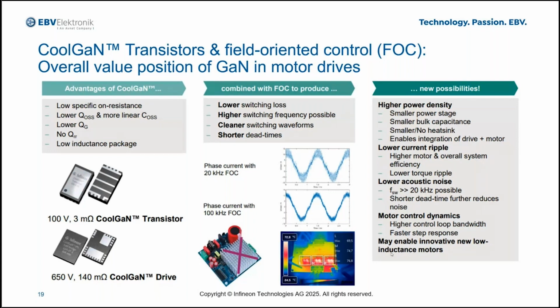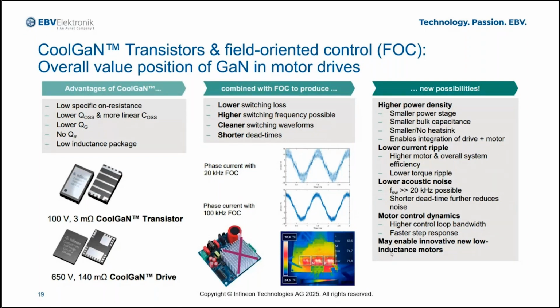So when you combine it with field-oriented control, you aim at reducing switching losses. You can target higher switching frequency. You will get cleaner switching waveforms. And last but not least, you can also reduce the dead times, which are another element which impacts the overall efficiency.